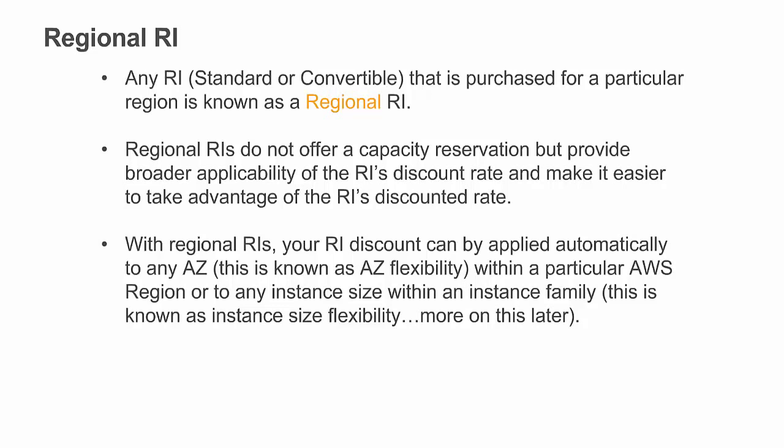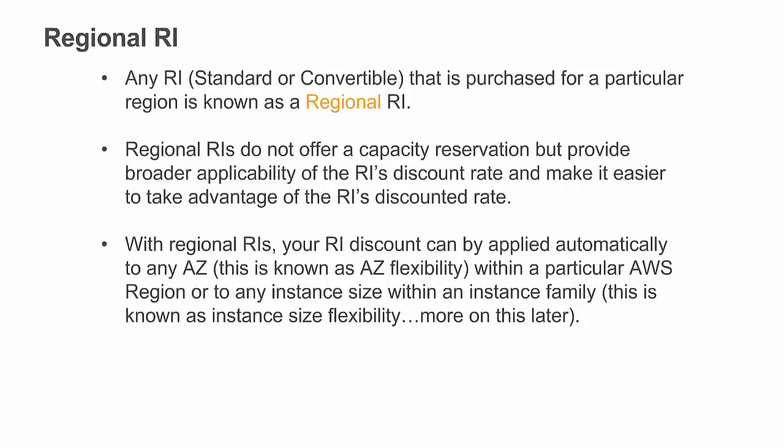With AZ flexibility, the RI's discounted rate is automatically applied to usage in any AZ within the region. With instance size flexibility, your RI's discounted rate is automatically applied to usage of any size within the same instance family in the given region.